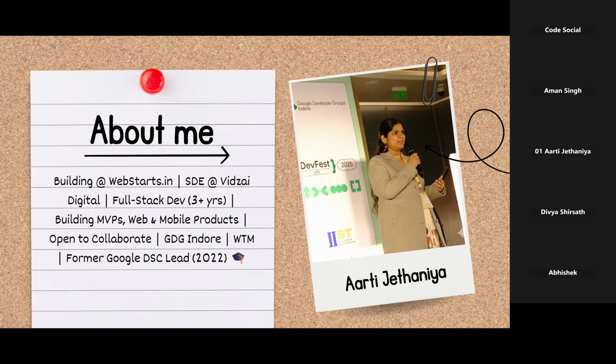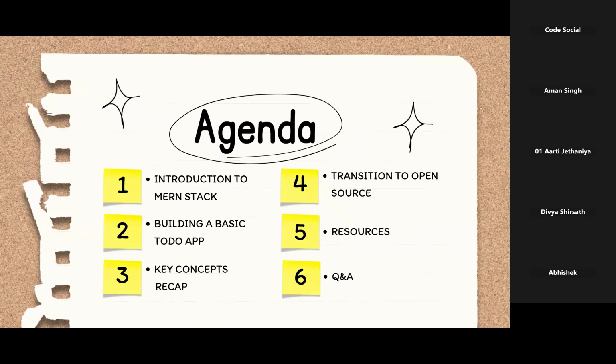Let me walk you through the agenda of the complete session, what we are going to cover in the upcoming 45 minutes to 1 hour. First, introduction to the MERN stack. What is the MERN stack? How many technologies are we using here, and what are they about? What are the front end technologies, the back end technologies, and the database?